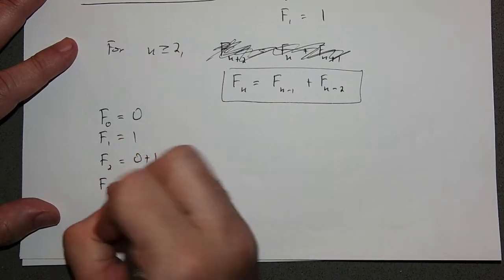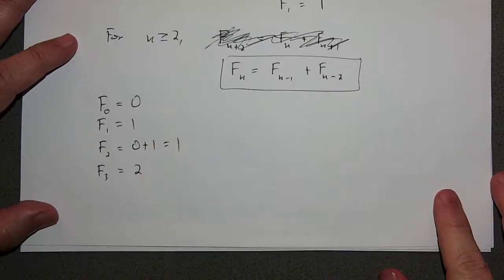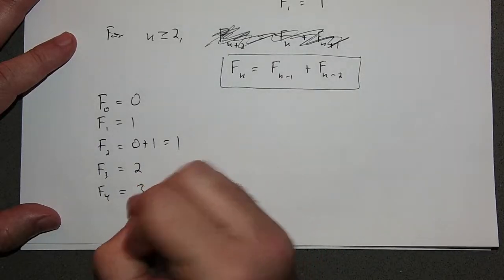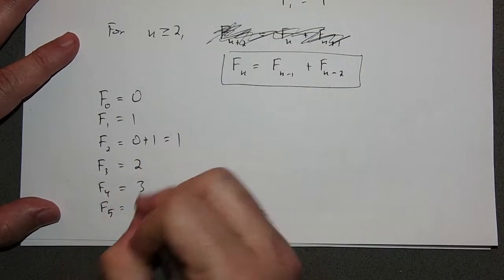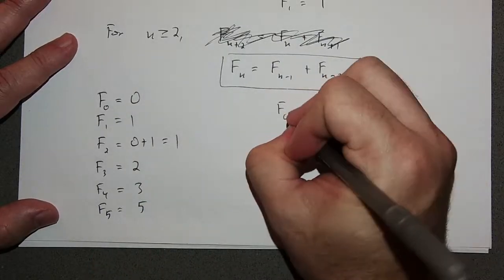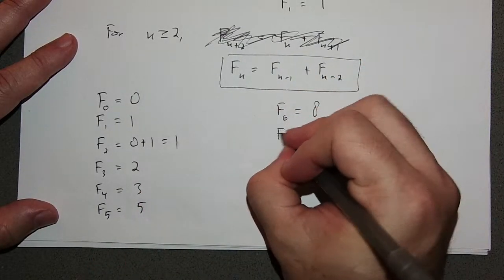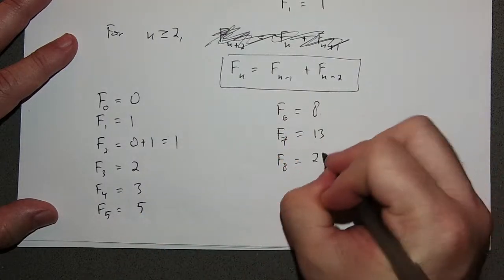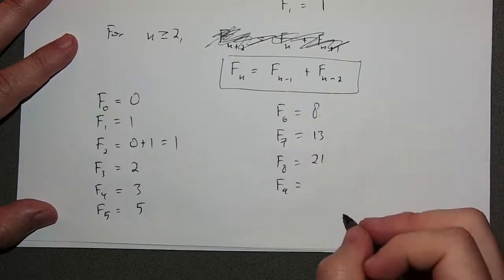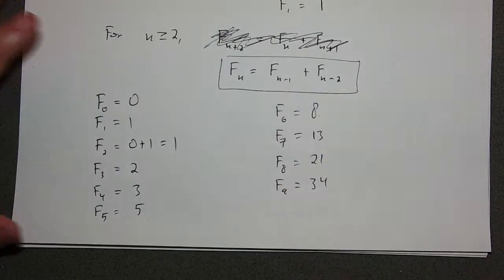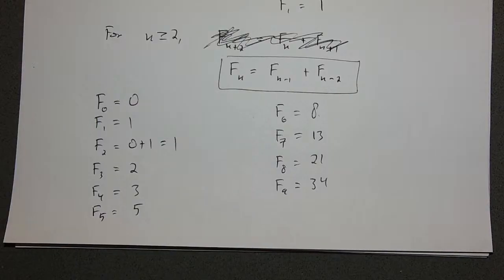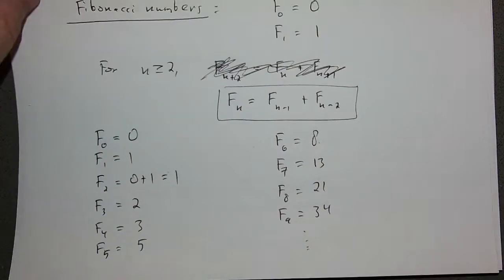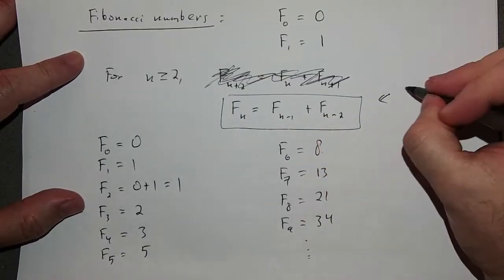Now f sub 3 is the sum of the two things before it, so it's 2. f sub 4 is 1 plus 2, so it's 3. f sub 5 is 3 plus 2, which is 5. f sub 6 is 5 plus 3, which is 8. f sub 7 is 8 plus 5, which is 13. f sub 8 is 13 plus 8, which is 21. f sub 9 is 21 plus 13, which is 34. And so on in this fashion. This thing that defines the Fibonacci numbers is called a recurrence relation.